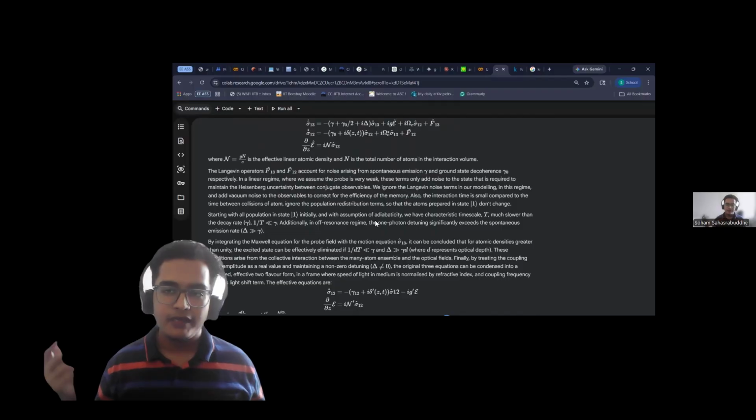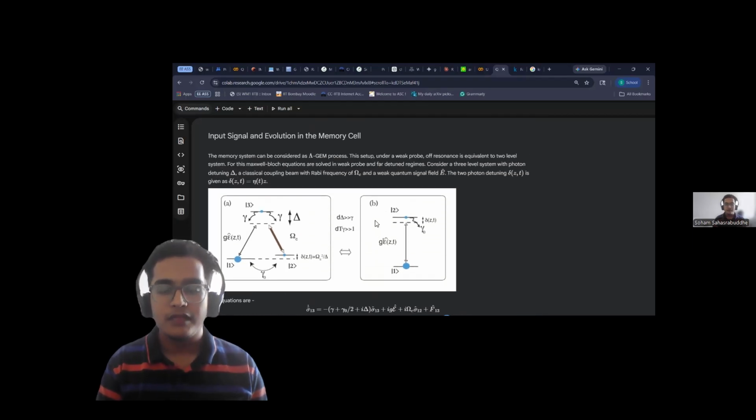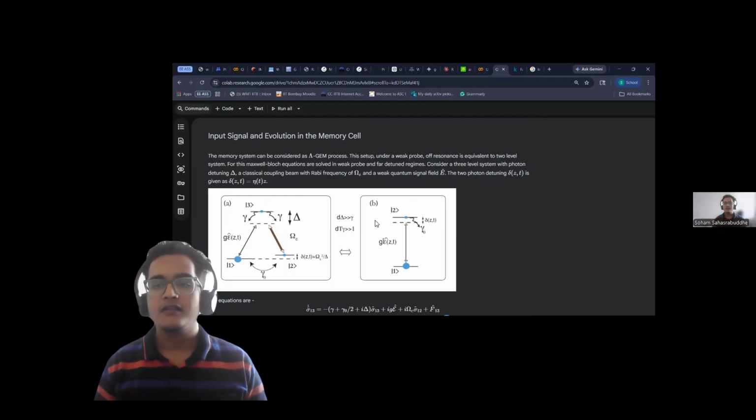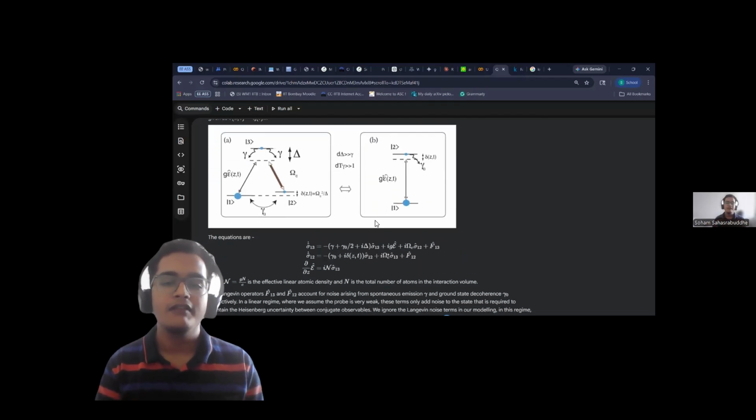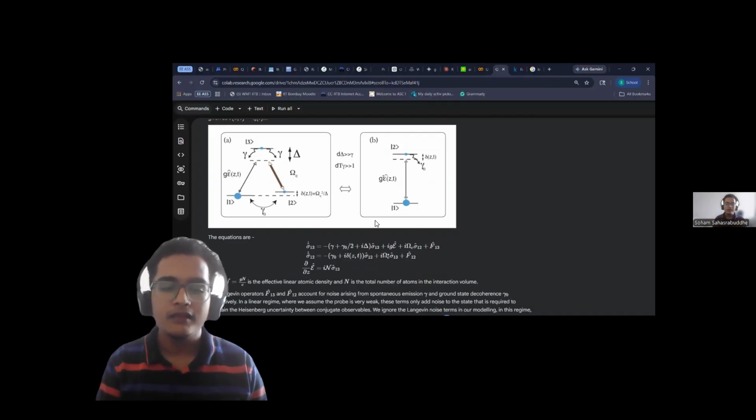So for the first half of the time, we have a positive gradient for the detuning, and we have a negative gradient during the second half. So it effectively tries to recreate the original signal we had.